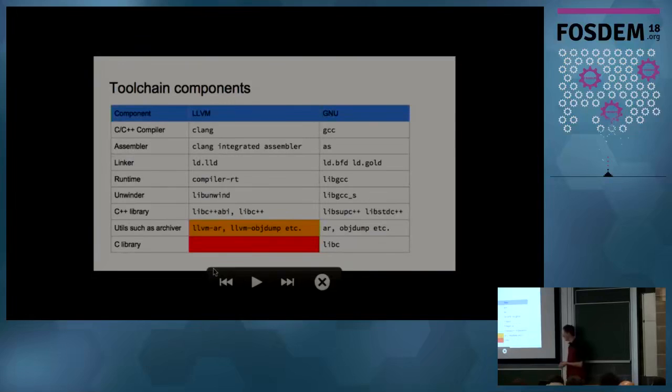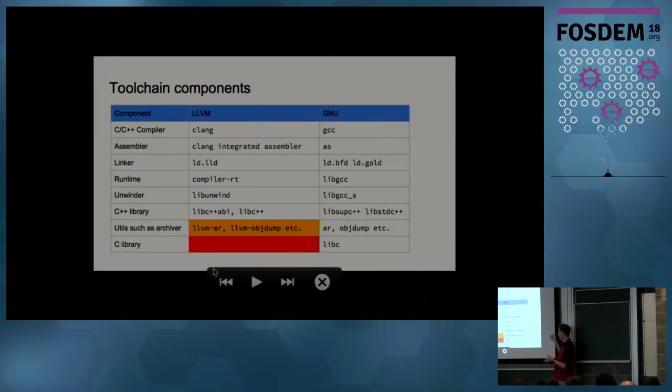That's like the equivalent of objdump, for example, which is what you would use to disassemble your binary. There's llvm-objdump, but it won't disassemble the same way. Typically, those tend to be aimed at developers and not for users. The most important missing part is the C library. So you have to replace that or find something to use when you plug in.